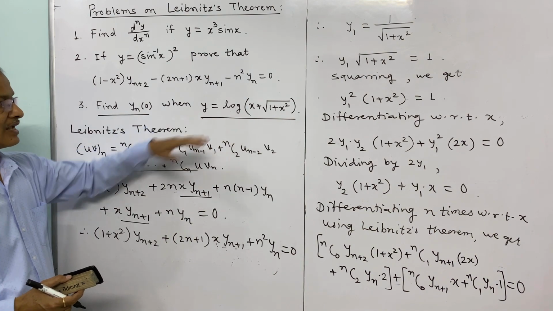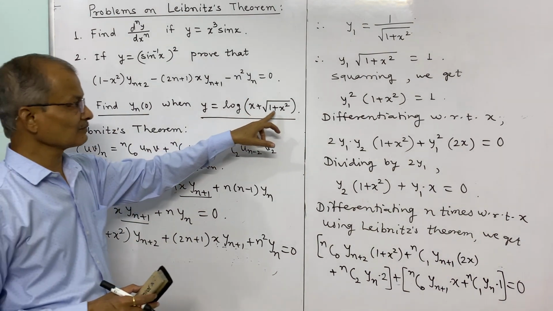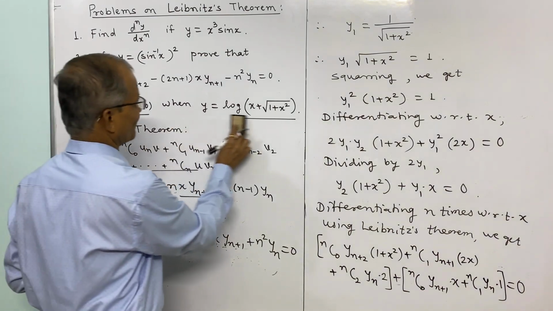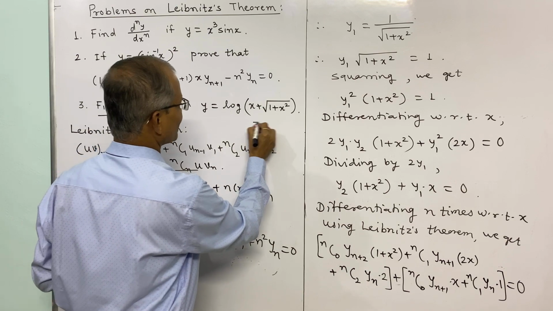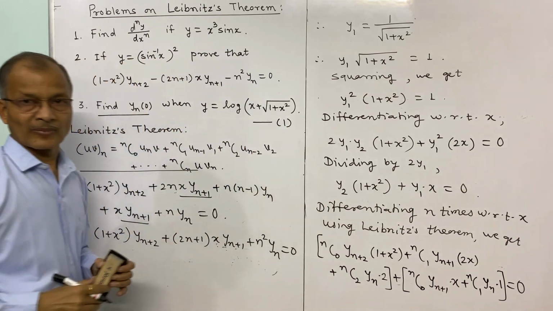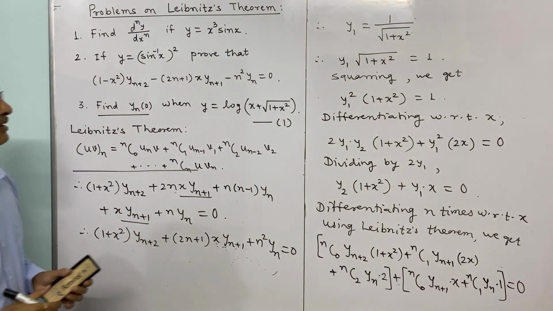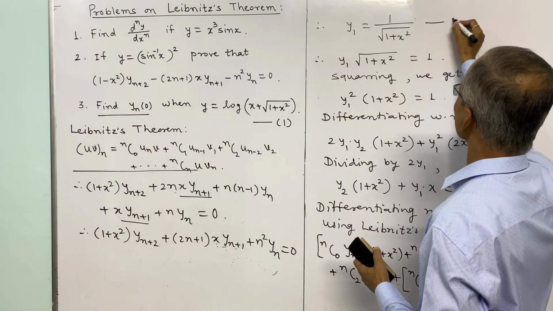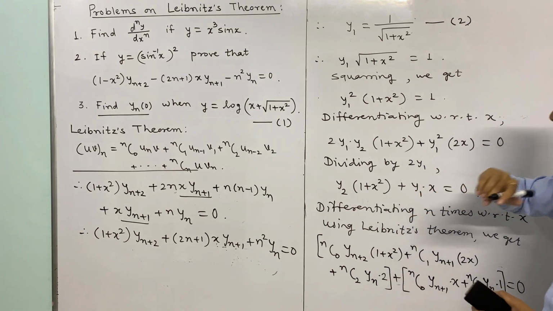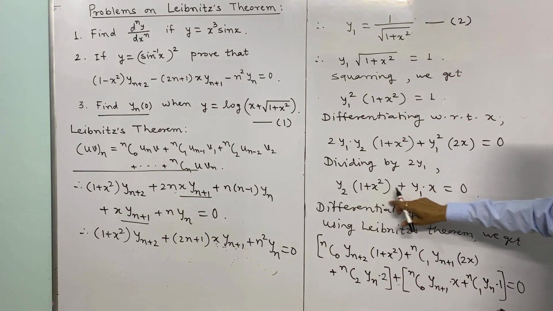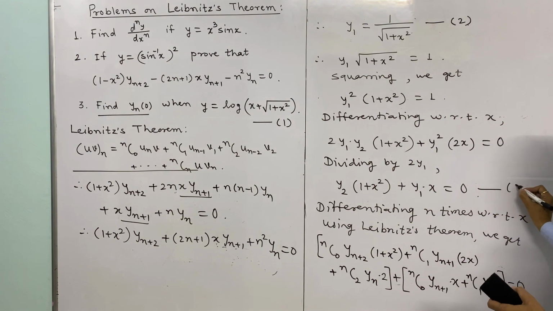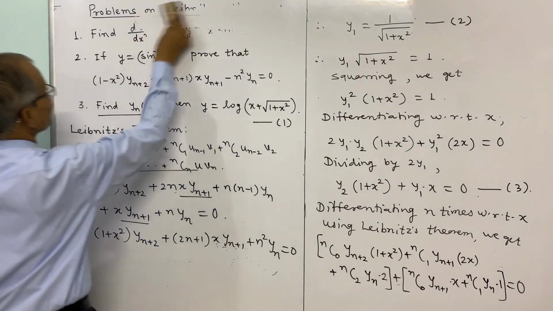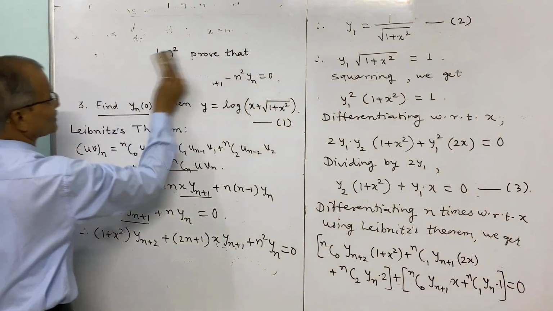And from this, y is equal to log of x plus square root of 1 plus x square. So that was written, the first step we have written this as equation 1. Then we have written the equation for y1, that I shall write as equation 2. And then we have the equation for y2, that I shall write as equation 3. So these we will select as our equations, and we write now their values at 0.